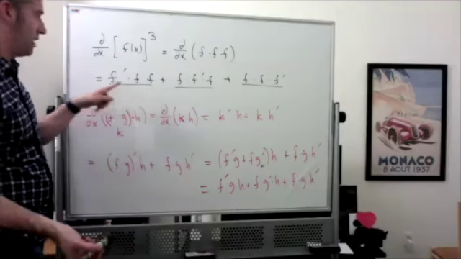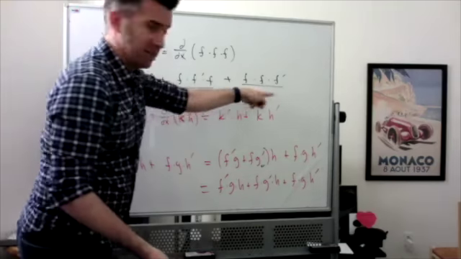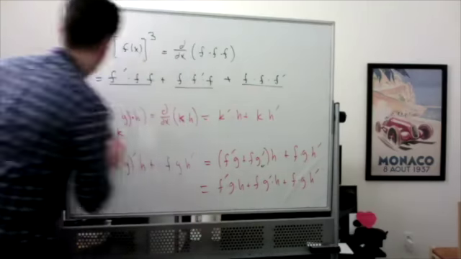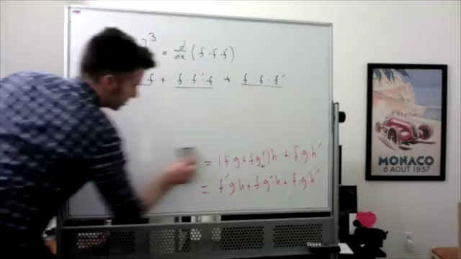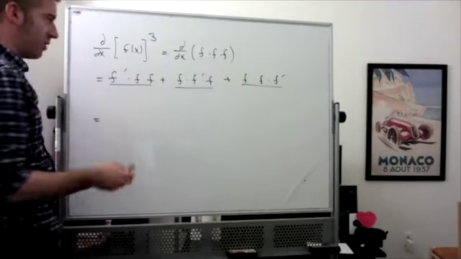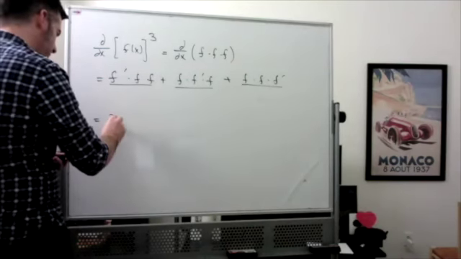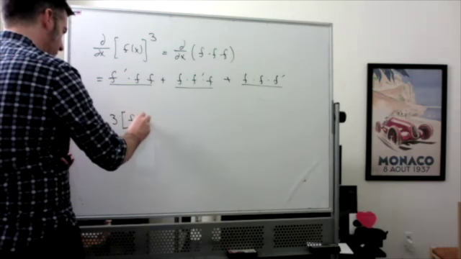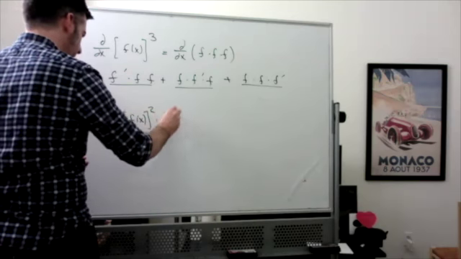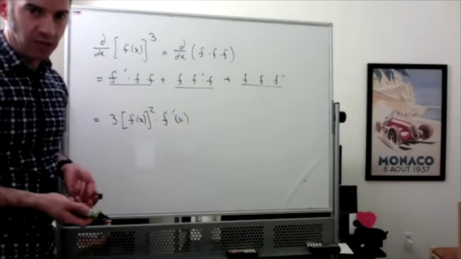This is f squared times f prime, this is f squared times f prime, this is f squared times f prime. So what we really have here is f squared times f prime 3 times, or 3 times f squared times f prime. But look, that's exactly the chain rule, right?